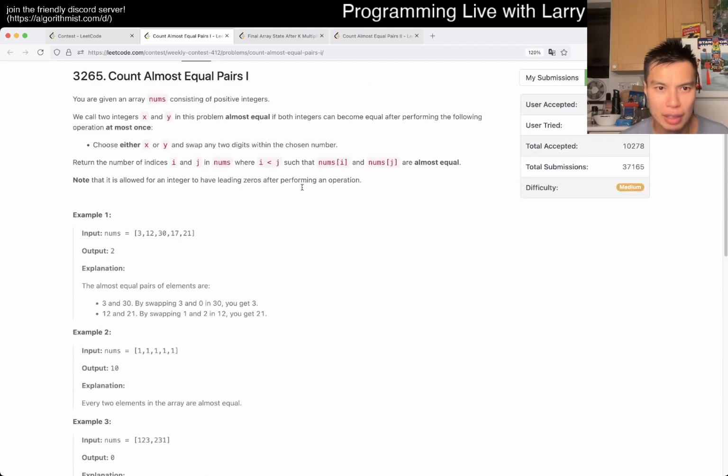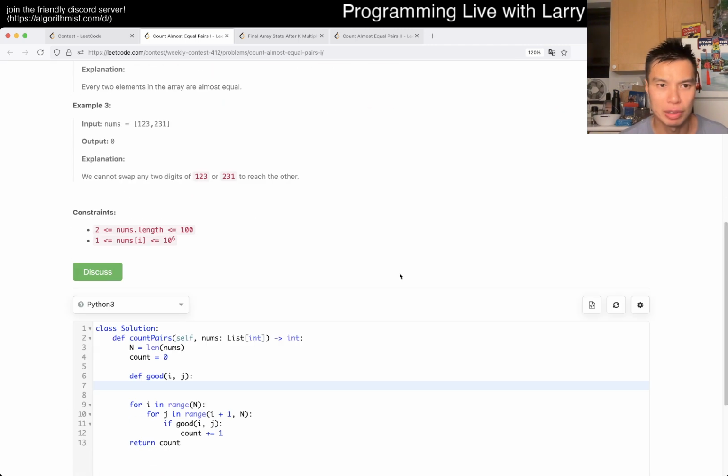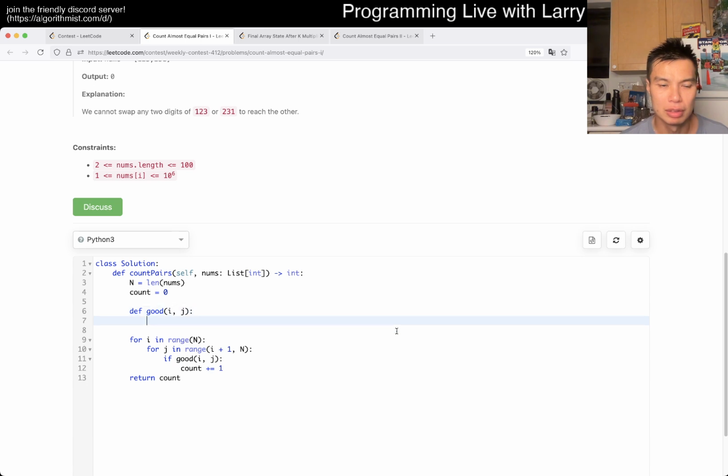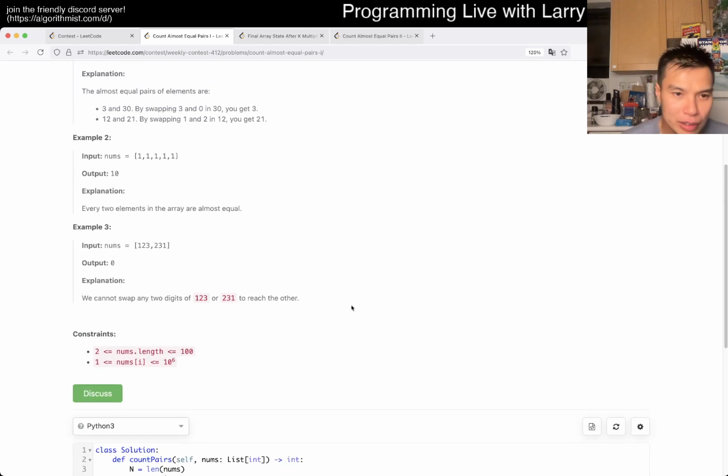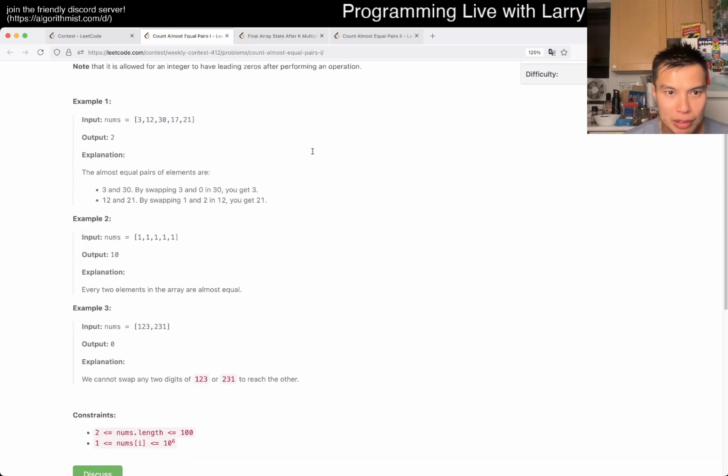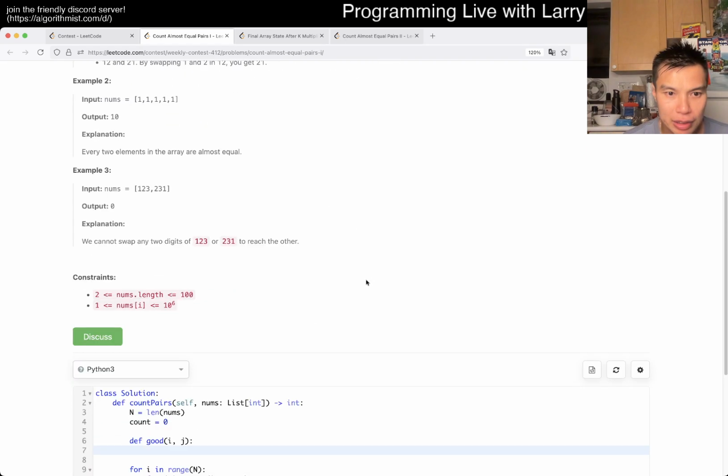What if they accept at most once? Okay. I wanted to say that the frequency matters, but then 3, 0, and 3 is kind of awkward.